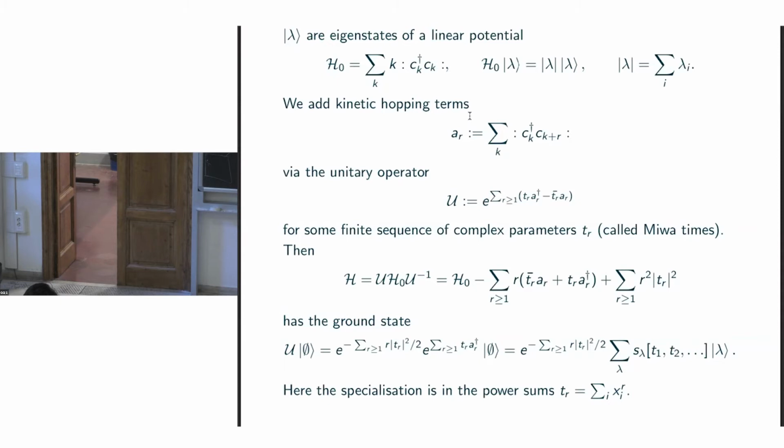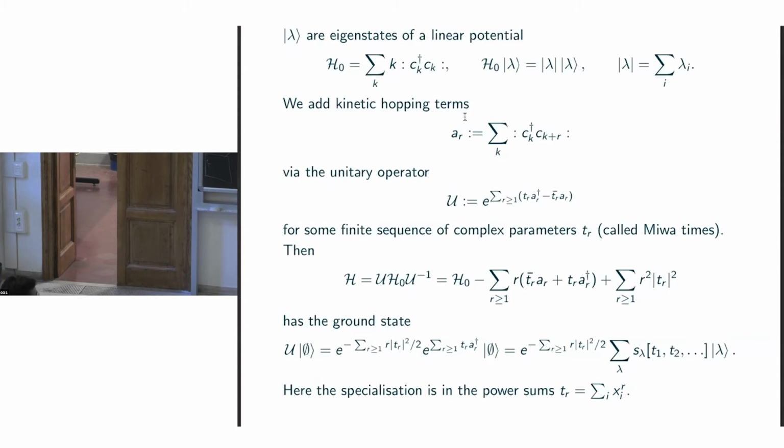And with this unitary operator, we get another nicely defined Hamiltonian. It's this one here. And when we look at the ground state, actually we were just evaluating these fermionic operators on the state, and from fermion calculus, in fact, we're pulling out Schur functions.